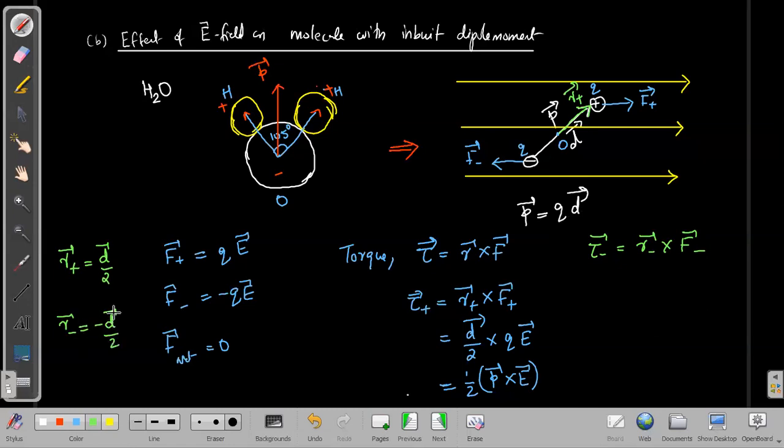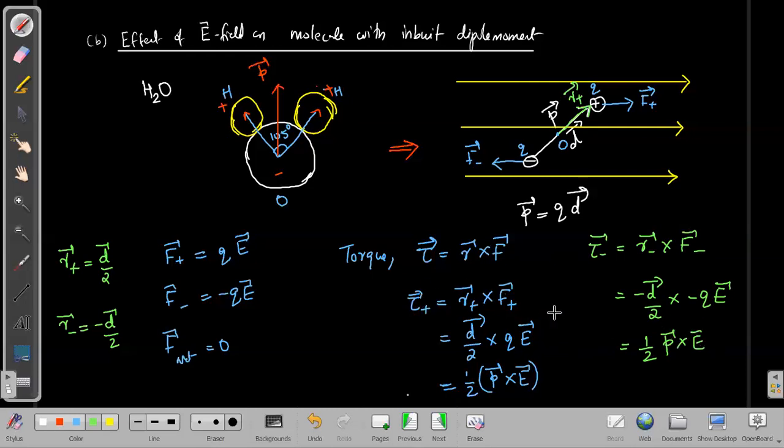R plus and R minus are the position vectors of the positive and negative charges respectively. So this becomes minus vector d by 2 cross minus Q into vector E. This minus and minus cancel, and you get Q into d, which is again P. So it is again half P cross E.